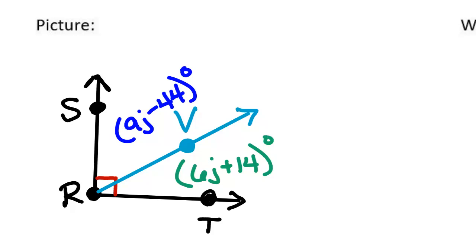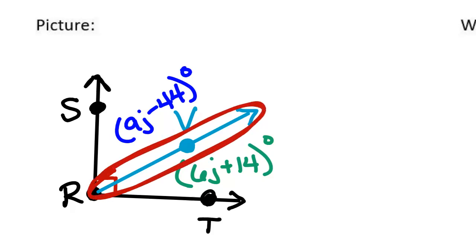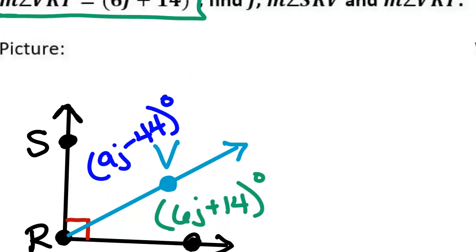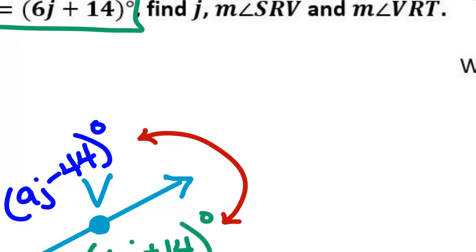Those two angles are side by side. They share this side right here, so they are adjacent. And when you put them together, they make what kind of an angle? 90-degree angle. What do we call two angles that add to 90 degrees? Complementary.